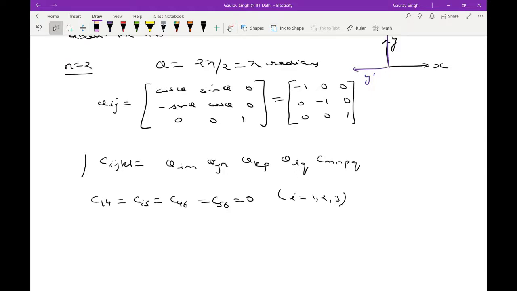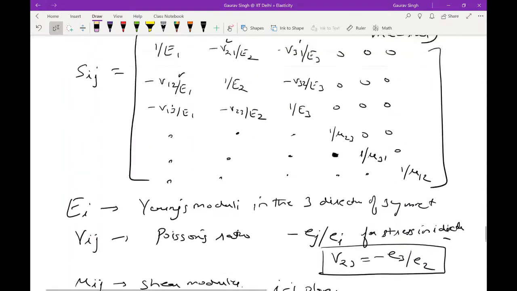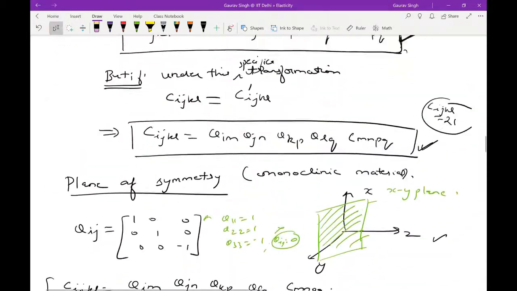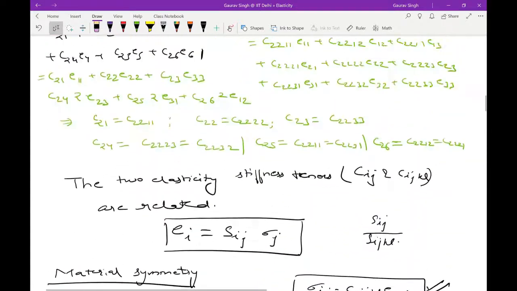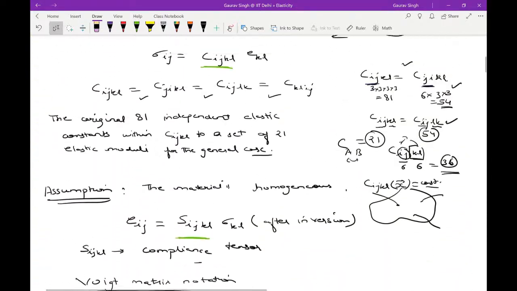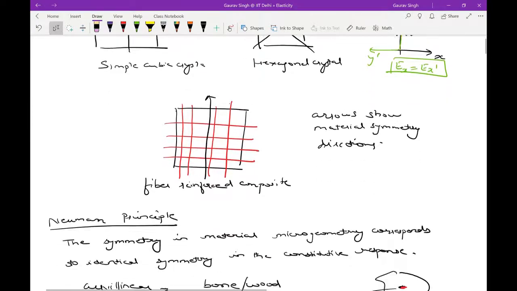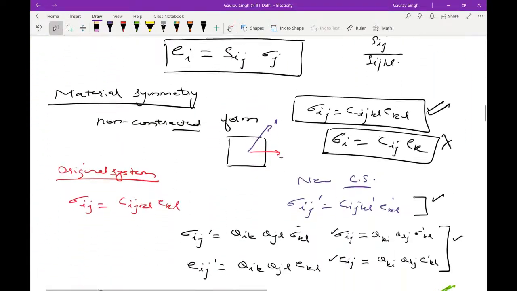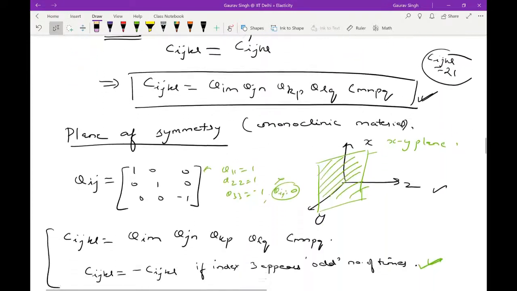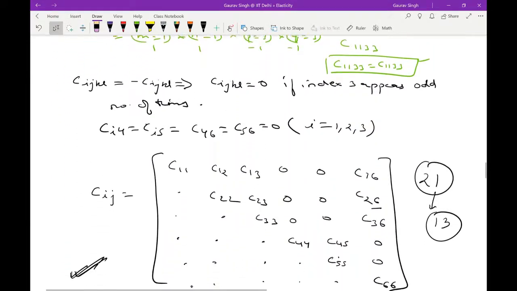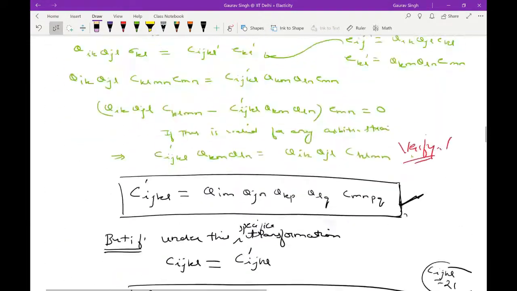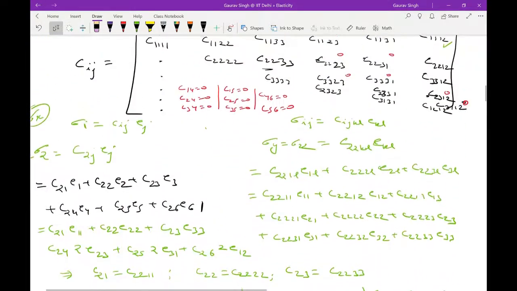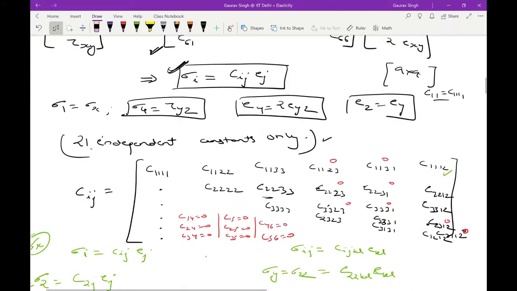So I mean, we can just see a couple of these cases. Ideally what you should do is go to this value. Where did we write it? Okay, here it is.